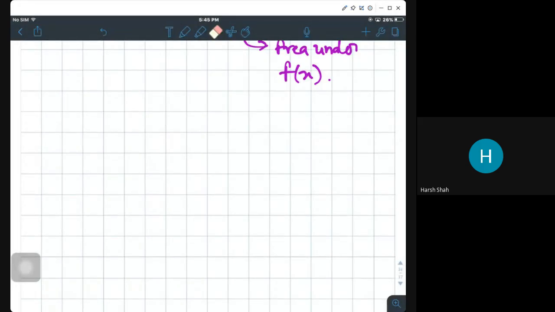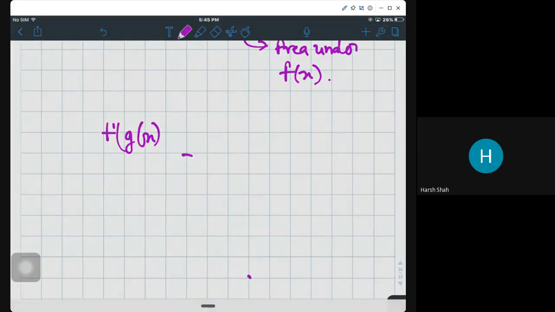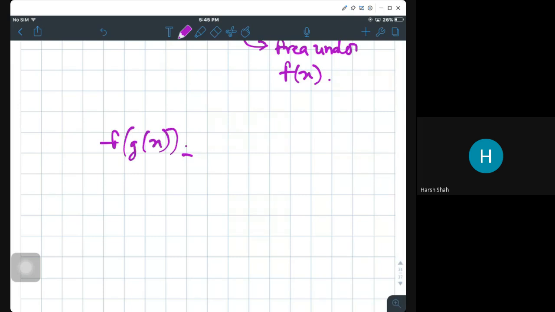So what the substitution formula says is, if you have a function like f of x, okay, if you have a function like f of g x times g dash x, then what you can do is replace g of x with a t.